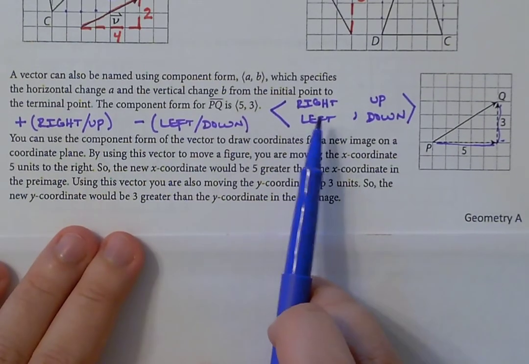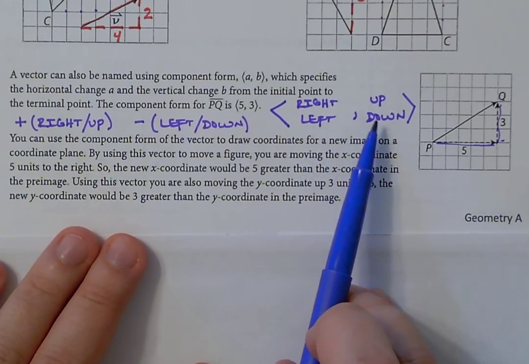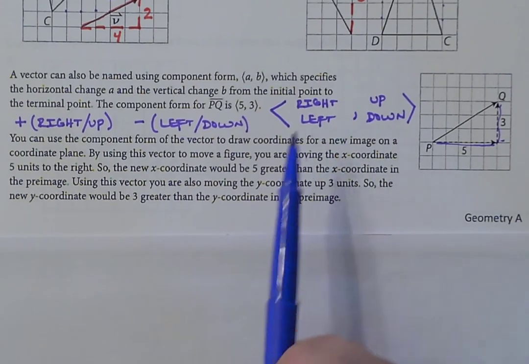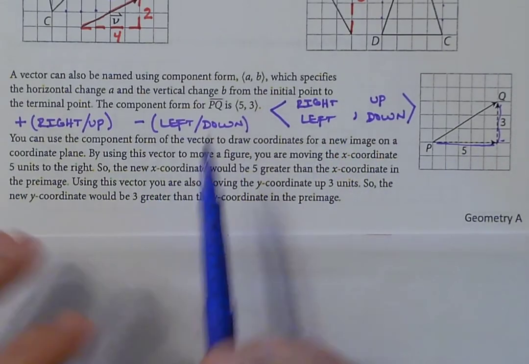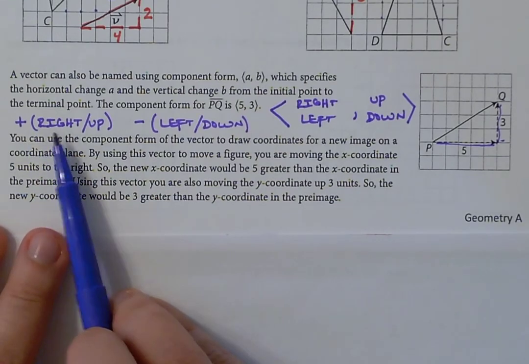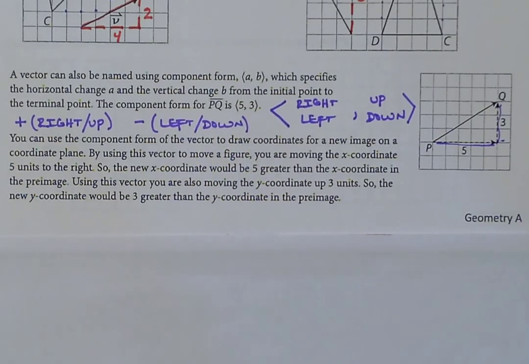The first number is moving it right or left. The second number is moving it up or down. Just think of it like your coordinate point x comma y, where you go right or left and then up or down. Positive direction is considered right or up. A negative direction is considered left or down.